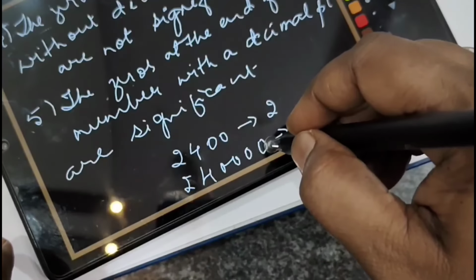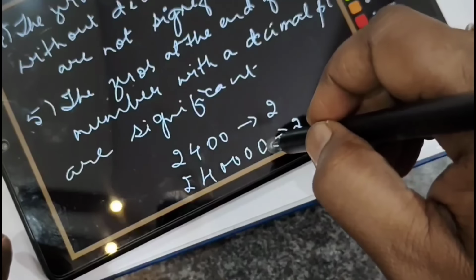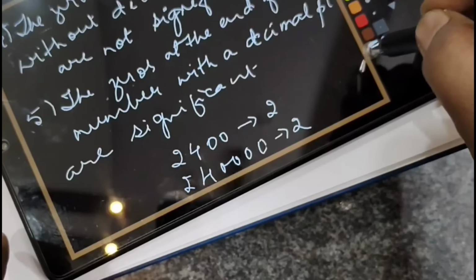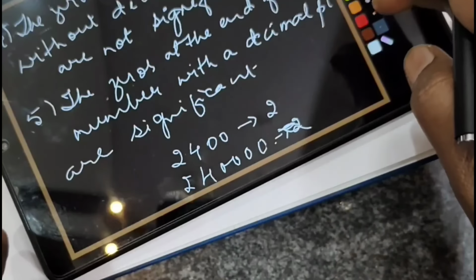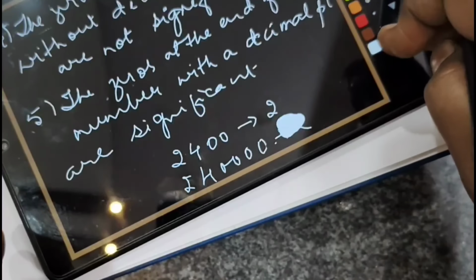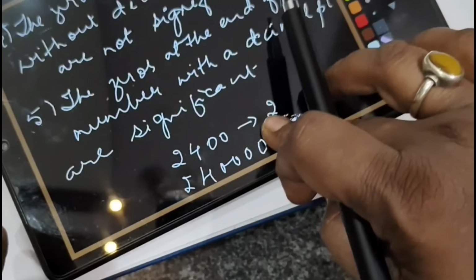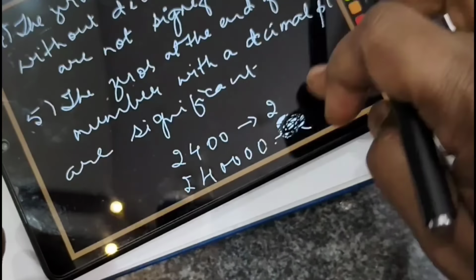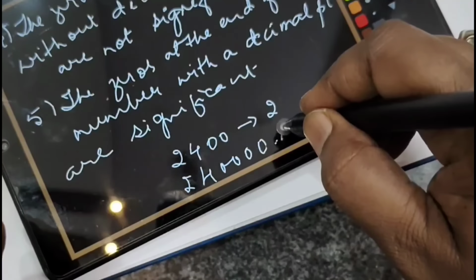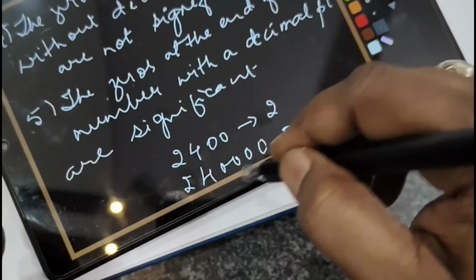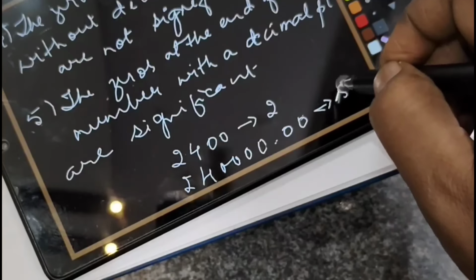Now if I place a point here, okay, so if I place a point here and write here 0 0, then there will be 1 2 3 4 5 6 7 8, 8 significant figures.